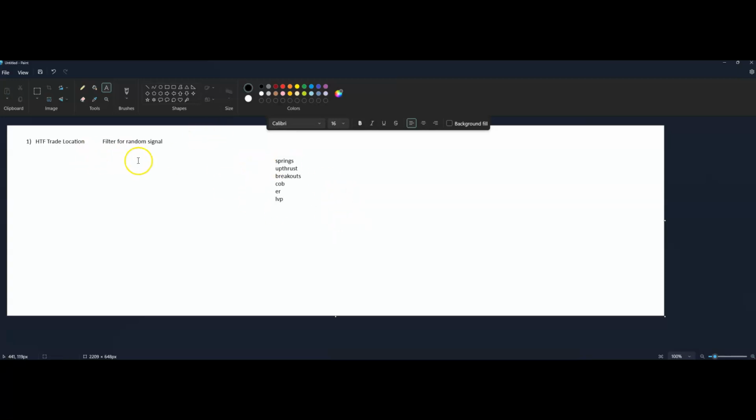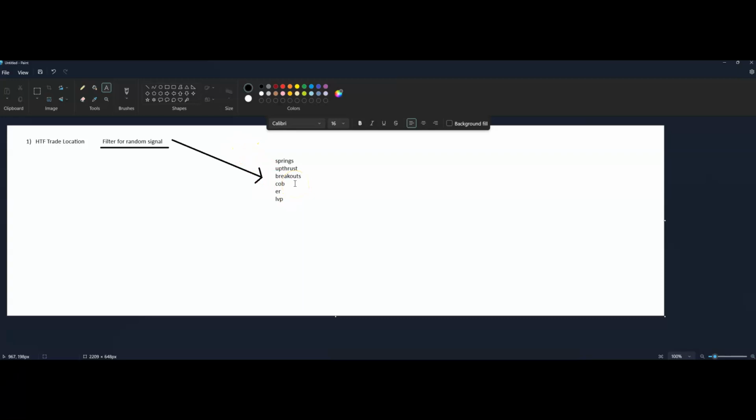Now here's the thing. The trade location is a filter on all of them, making sure that many random signals will be filtered out.